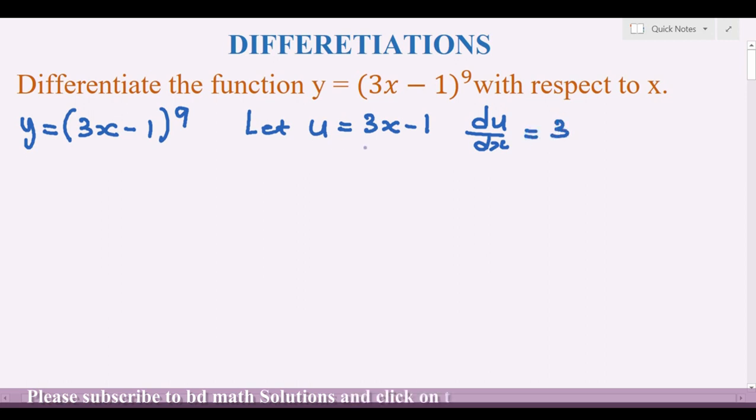And if our u is equal to 3x minus 1, it invariably means that our y is equal to u to the power 9, which is 3x minus 1 raised to the power 9. This also means that we can differentiate y with respect to u. This is equal to 9u raised to the power 8.